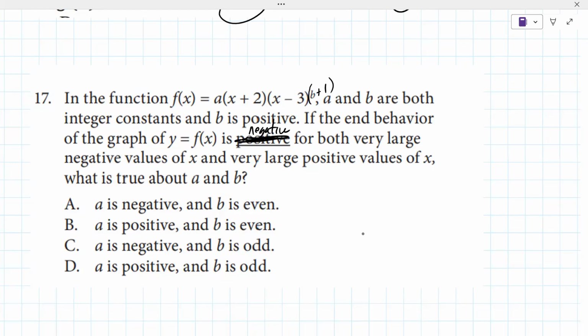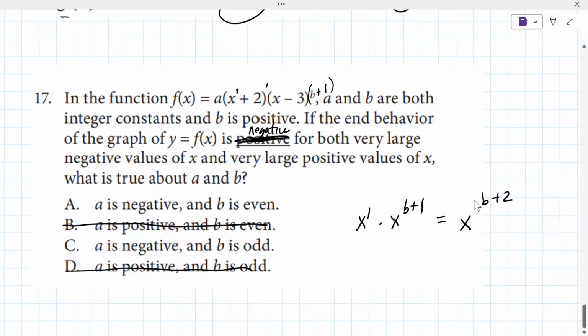Which two answers are you down to? It would be A or C, right? That's correct. And so again, the leading term, there's really a one here. So it's x to the 1 times x to the b plus 1. And what you have to remember is when you're multiplying, you add the exponents.